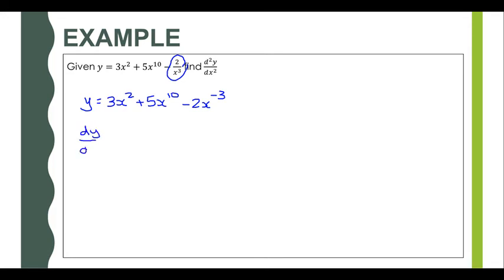So dy over dx is equal to, and we're just going to times by the power and take one off. So 6x plus 50x to the power of 9 plus 6x to the power of minus 4. And then to find d squared y over dx squared, we just differentiate again.